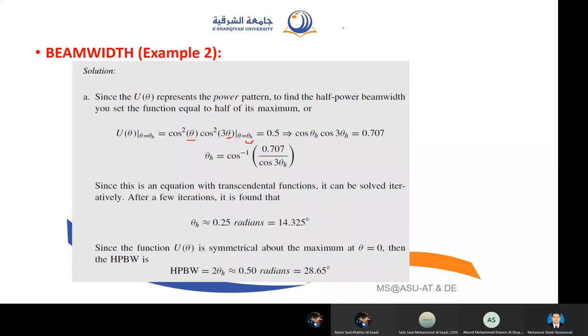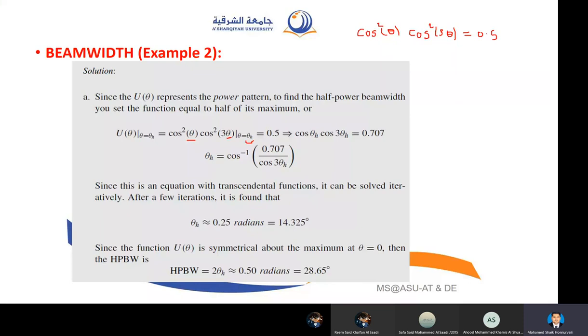According to the definition, cos square theta, cos square 3 theta, if you know the power level, then if you equate it to 0.5, we will get the half power beam width angle.